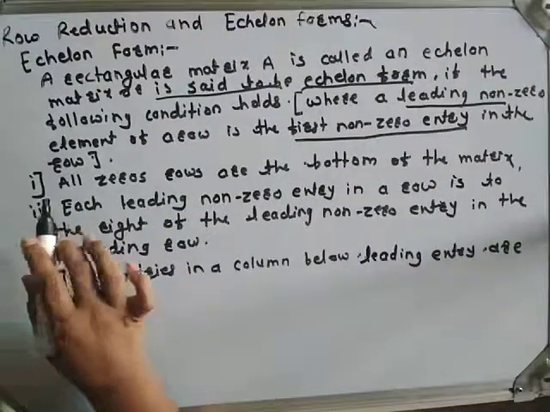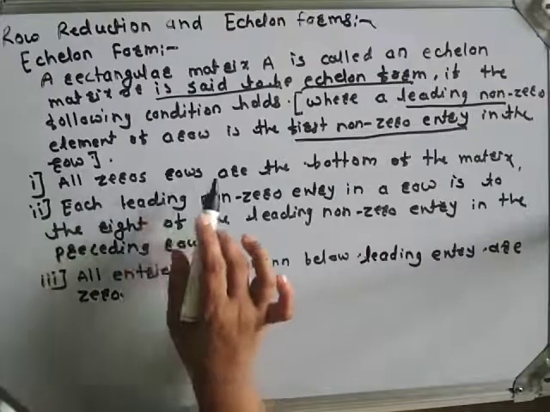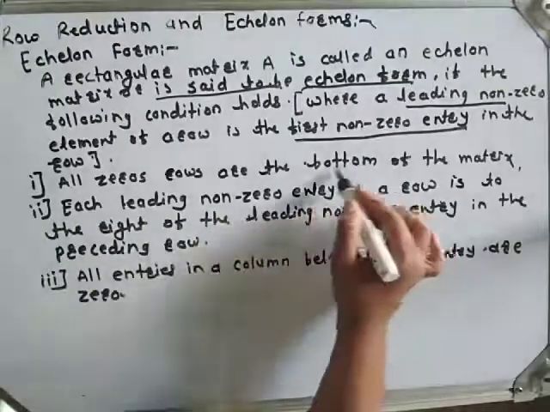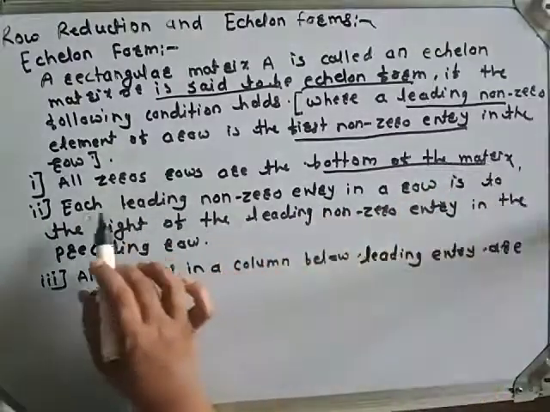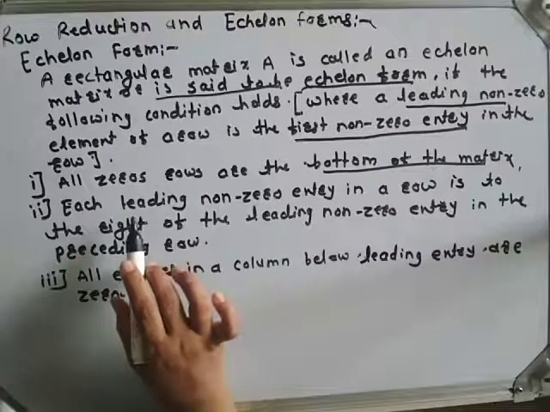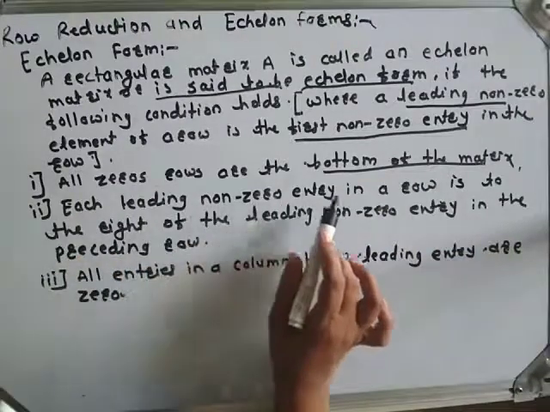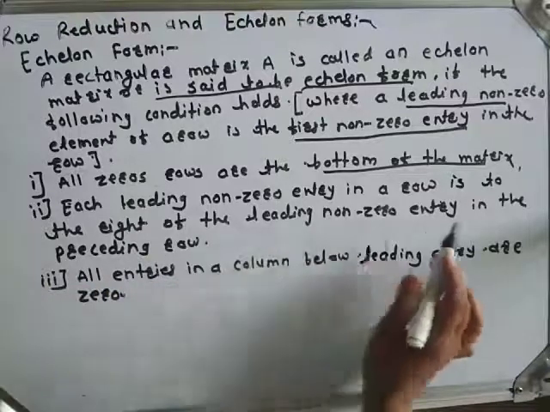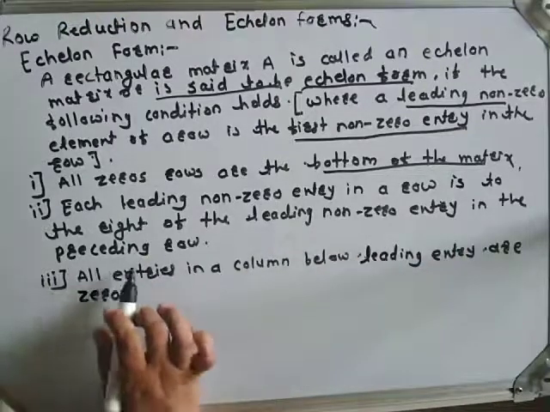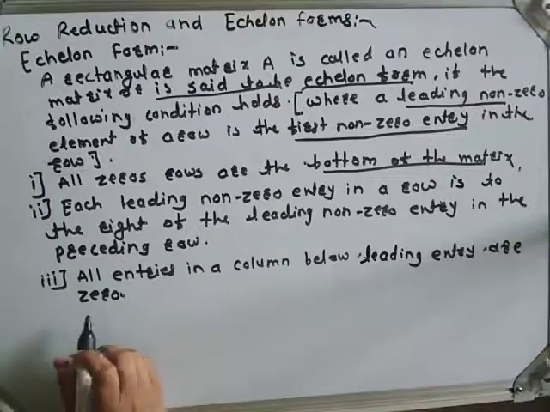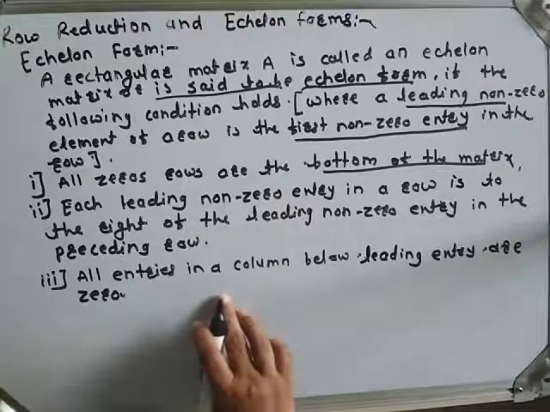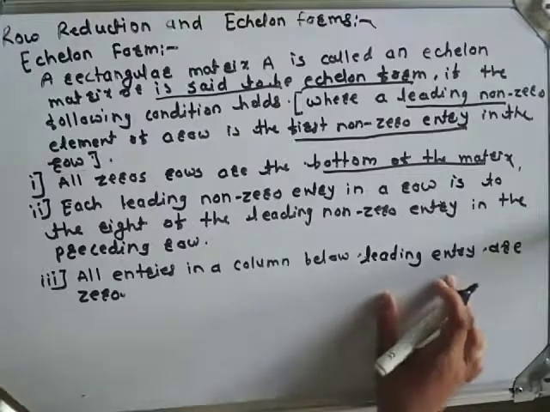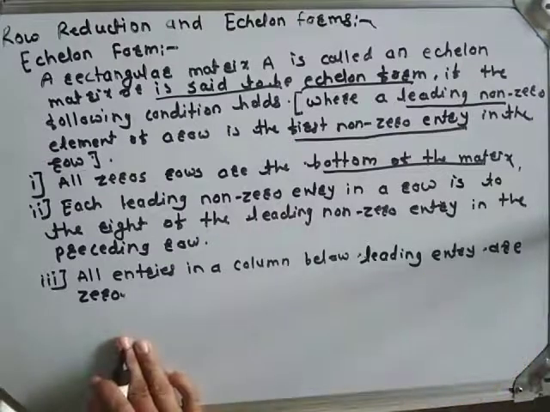First condition is all zero rows are at the bottom of the matrix. Second condition is each leading non-zero entry in a row is to the right of the leading non-zero entry in the preceding row. And third condition is all entries in a column below a leading entry are 0.